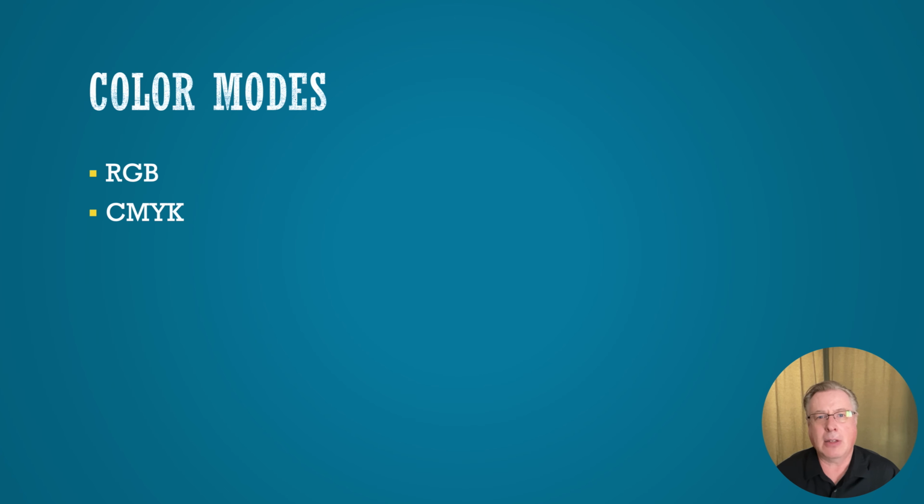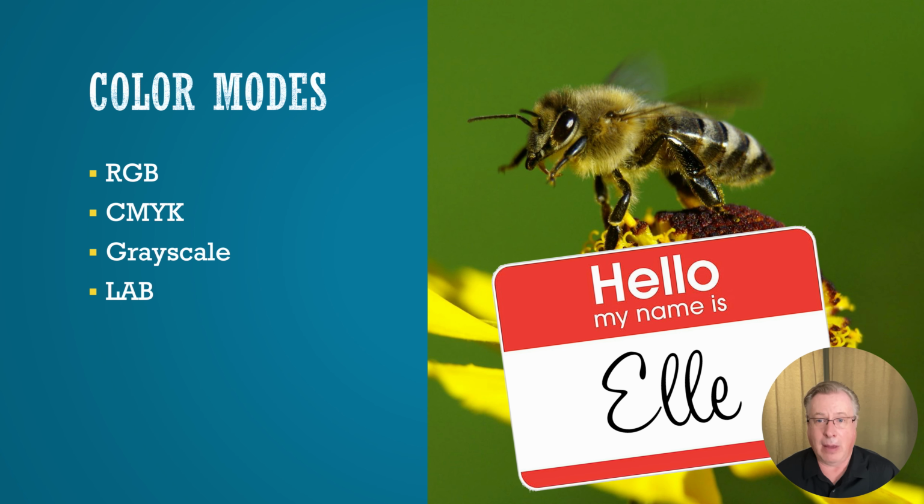The most basic is grayscale, which is just all the shades from white to black. Internally, Photoshop uses a color mode called LAB, which is pronounced L-A-B and not lab.